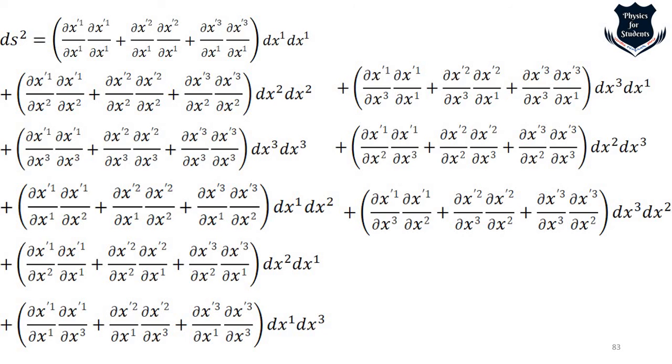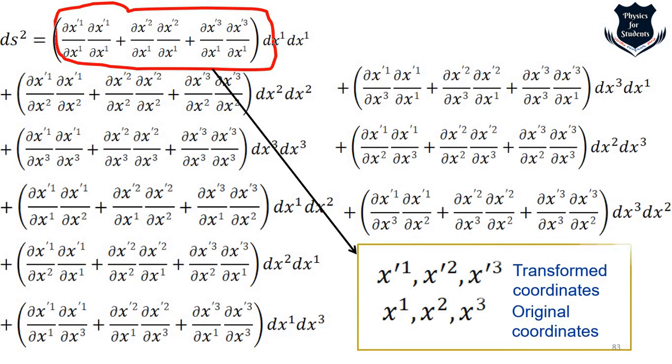One thing is important: each term in the bracket involves partial derivatives of the transformed coordinates. I have not written all those brackets, it would be too messy. So each term in this bracket involves a partial derivative of the transformed coordinates from the original coordinates x1, x2, x3 to the primed coordinates. So this is what it is.